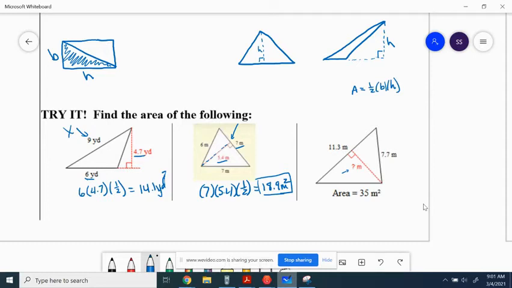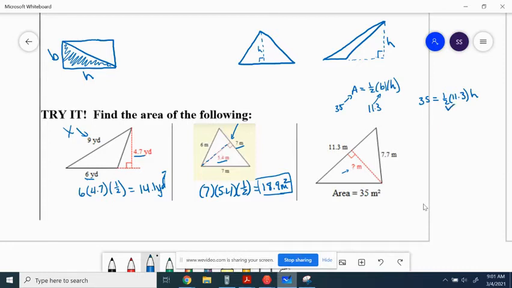And we know the area is 35, so we're going to plug that in for the A, and we know the base is 11.3. Okay, so let's go ahead and substitute out those numbers. We have 35 is equal to 1/2 times 11.3 times the height.